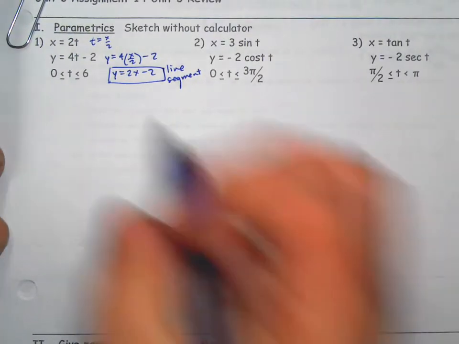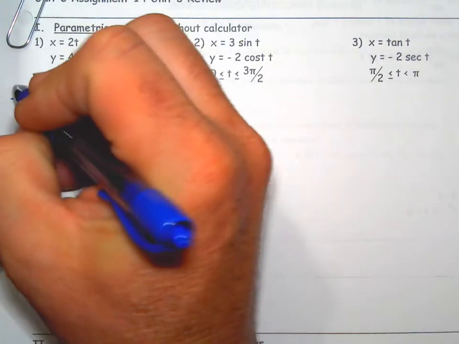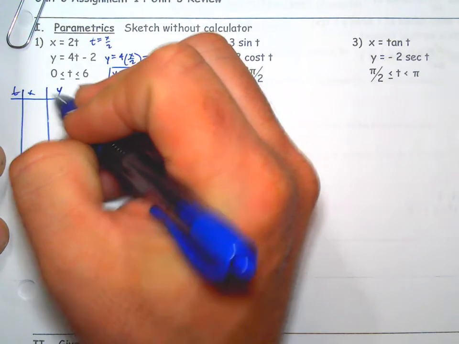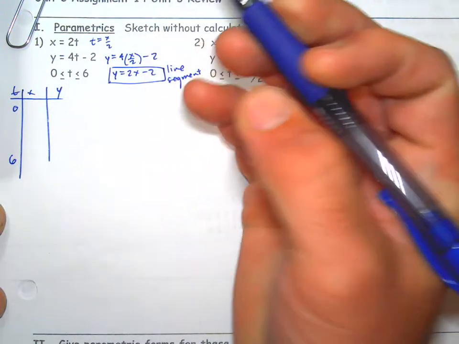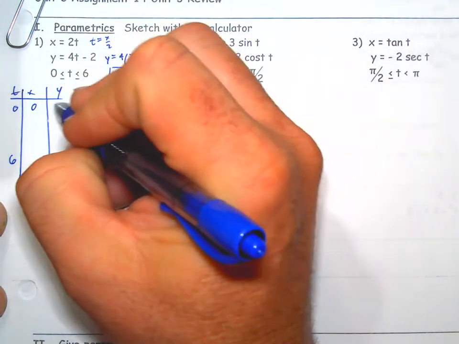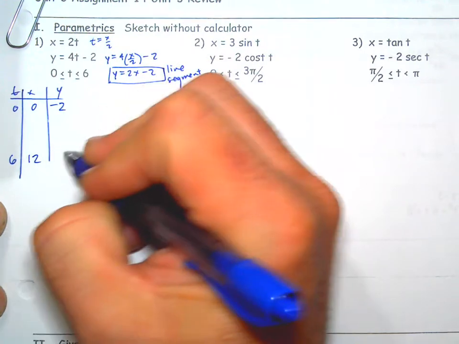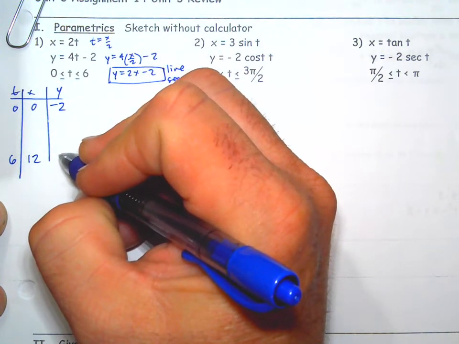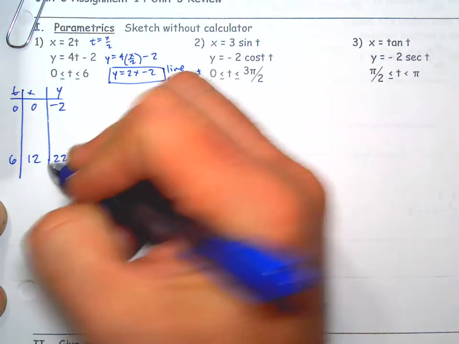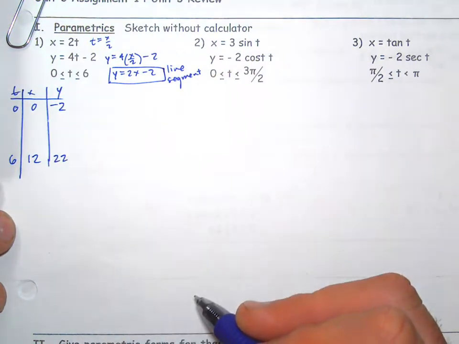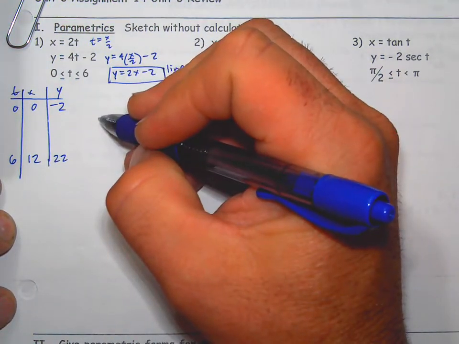So I'm going to make a table. 0, -2, 6, might calculate something in between, maybe 0, -2, 12. That's going to be 22. I mean, that's a big number. So I guess we could try and make our graph really tall.